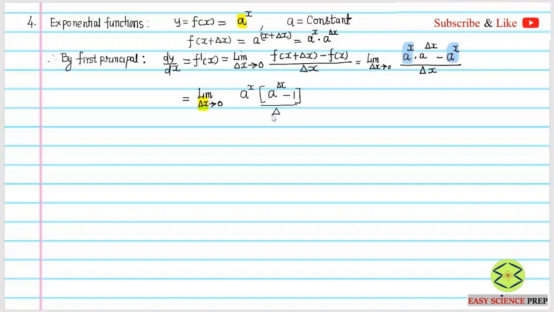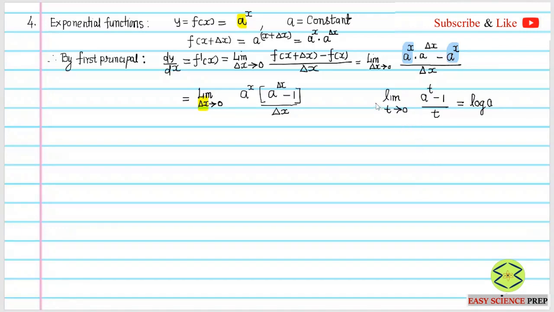Now mind it, friends, we have a standard limit rule where limit t tends to 0 of a raised to t minus 1 upon t is log of a. It is the natural log, that is, log to the base e, of a always.